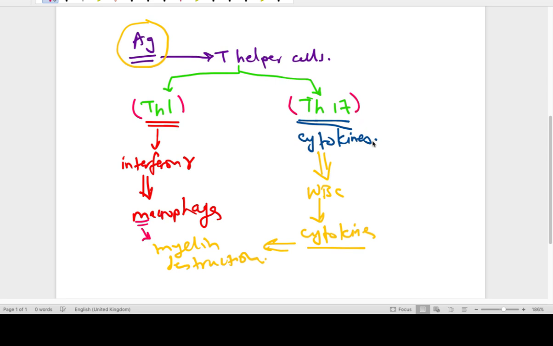T helper 17 produces cytokines including cytokine 17, and these recruit white blood cells which produce several other cytokines, and this causes myelin destruction. This is how myelin is destroyed by T helper cells.